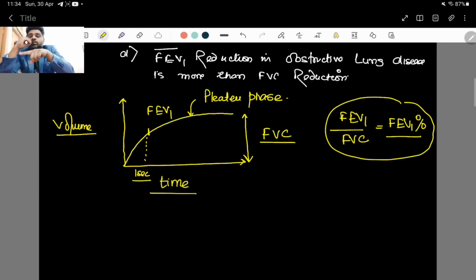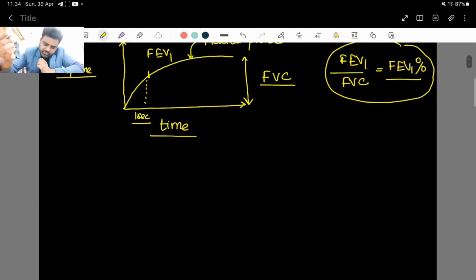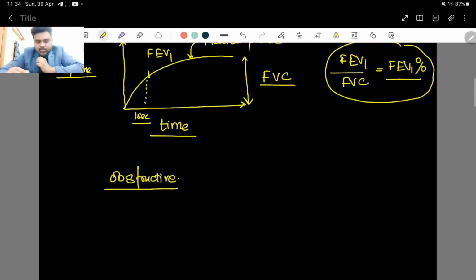Now we have to understand there are two types of disease. One is obstructive disease, second is restrictive disease. So we have to understand some important concepts regarding it. Please remember, in obstructive lung disease there is a problem in expiration, and in restrictive lung disease we have a problem in inspiration.